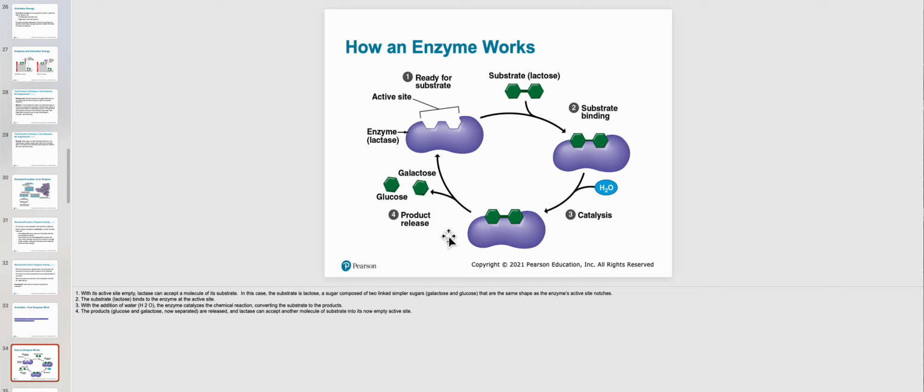Now, if you are keeping up with your notes, you should know something here. Remember, what shape are these? These are glucose and galactose. And glucose is a monosaccharide from a previous chapter. This is glucose monosaccharide, a monomer. And how do I put pieces together?